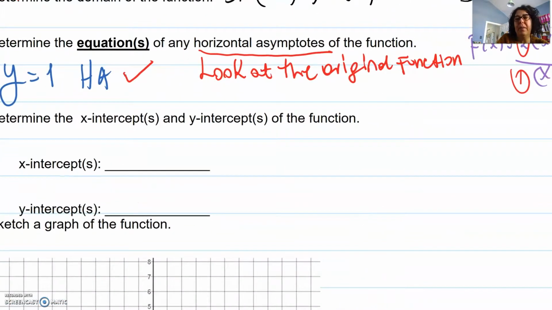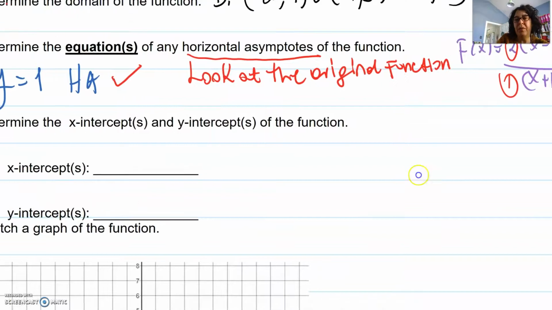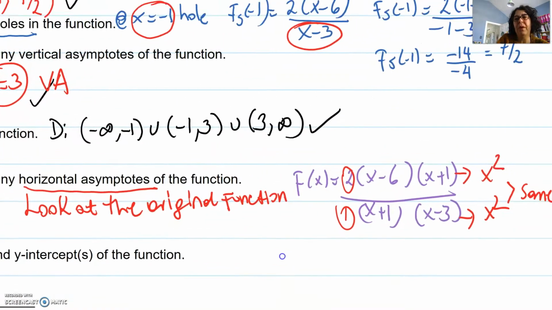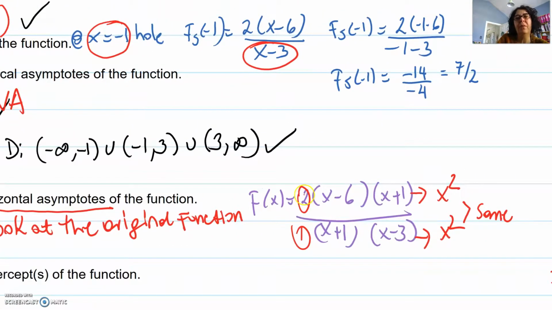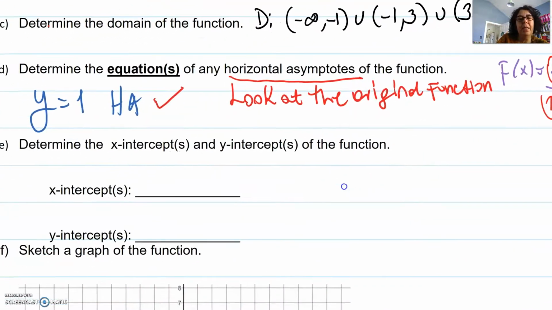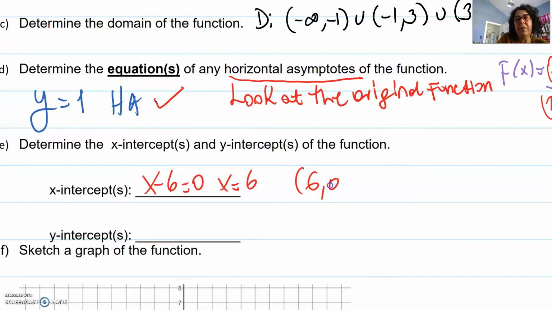X-intercepts come where the numerator is equal to 0 on the simplified version. In the simplified version, we have x minus 6. So x minus 6 is equal to 0, x equals 6. Then the x-intercept is 6, 0. Y-intercepts are where x equals 0, what's the y value?